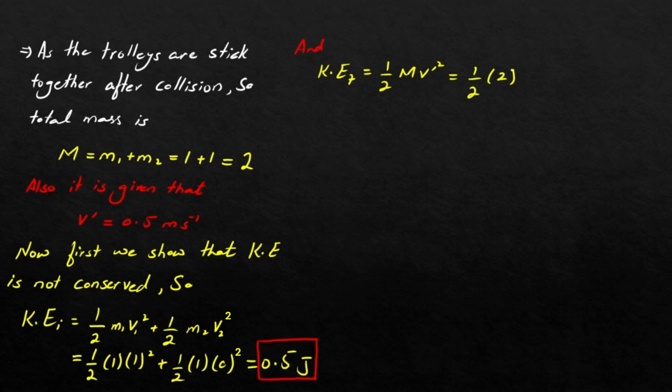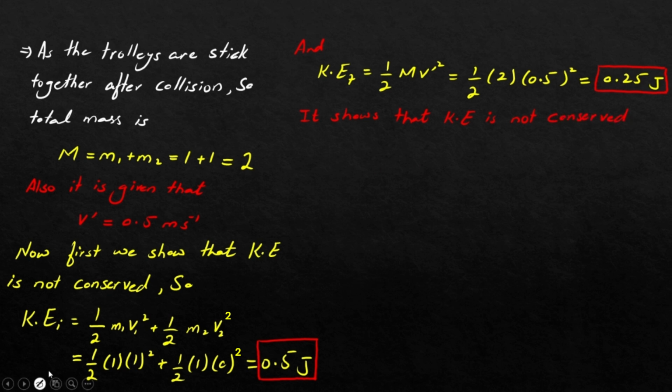By putting the values in this formula, we get 0.25 joule. The initial kinetic energy and final kinetic energy have different values, so the kinetic energy is not conserved in this case.